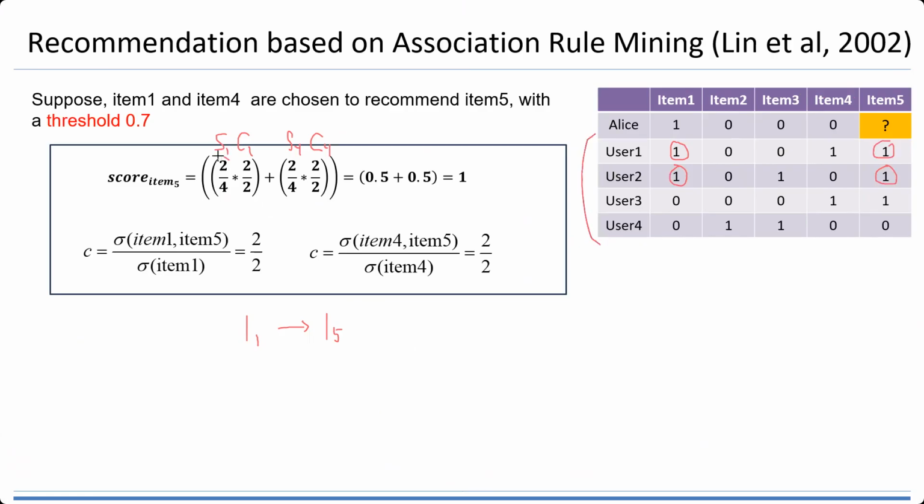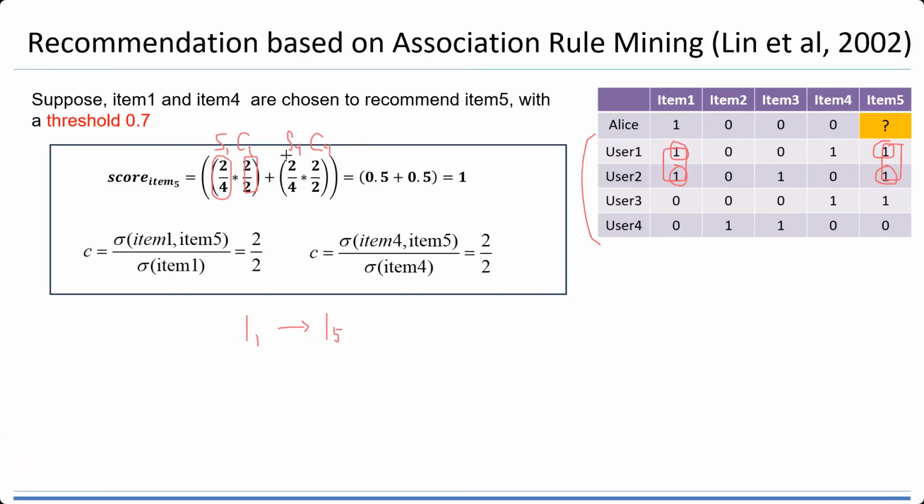Then the support is 2 divided by 4. The confidence: among the 2 users who like item 1, both of them also like item 5. Then we have 2 divided by 2.